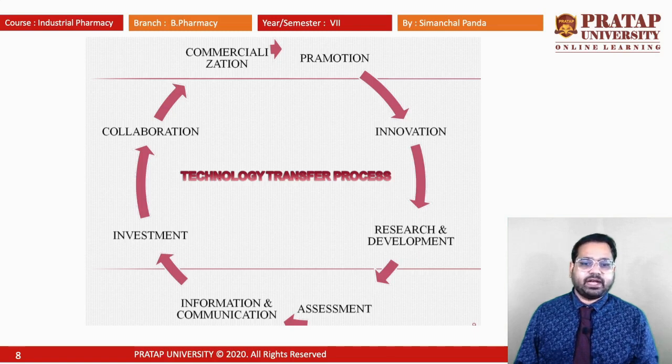Whenever it has been assessed properly, it has to be communicated to the people through advertisement, and from there we go for the investment. Then we go for the collaboration, and from the collaboration comes the commercialization, and from the commercialization the promotion takes place, and the needs again make the innovation.